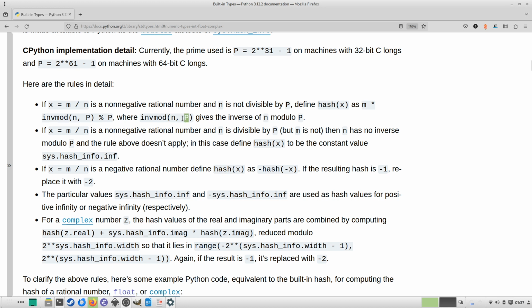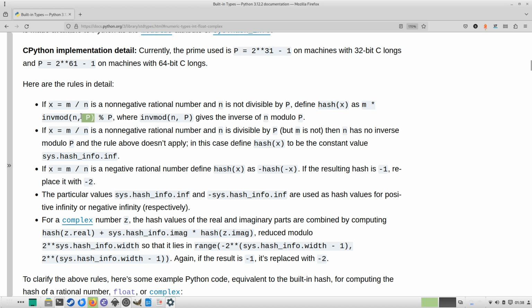So inverse mod would be the inverse of n modulo P. So 5 modulo P would be 5, and the inverse of that is 1 by 5. Sorry, n would be 1.